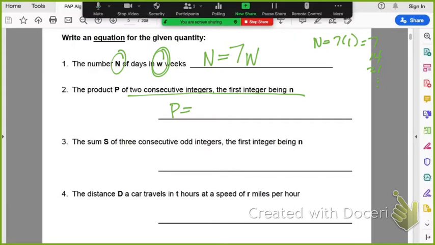If I said there's 7 days in 1 week, that should technically equal 1 week. So there are more days in a week than weeks in a day, if that makes sense. It's kind of backwards thinking, but the number is going to go in front of the weeks to equal the number of days. That's a good question.